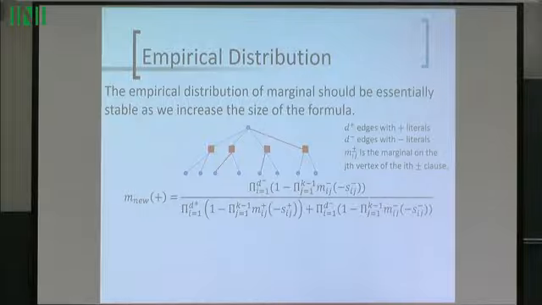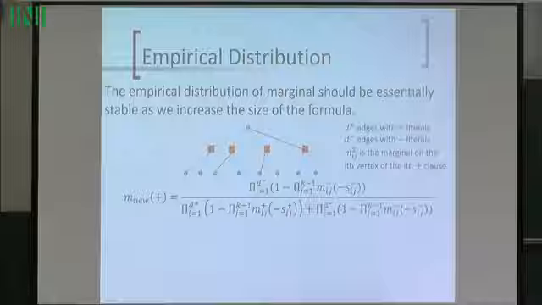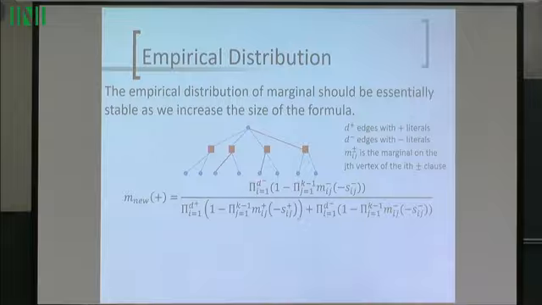So we could work out the marginal at the new vertex, the probability that it's a plus, based on the previous marginals in these leaf vertices, if we could assume that they're independent, which is expected to be the case if it's in the replica symmetric phase, not really close to the satisfiability threshold, but at least when you have a low density of clauses, this would be true.